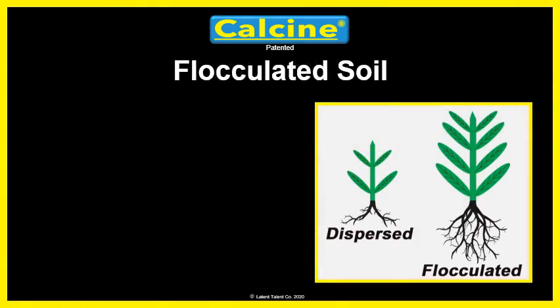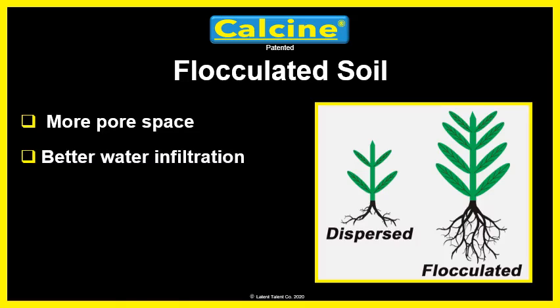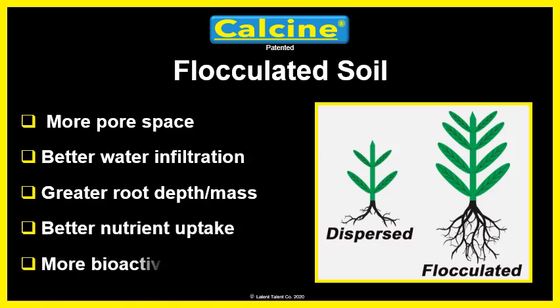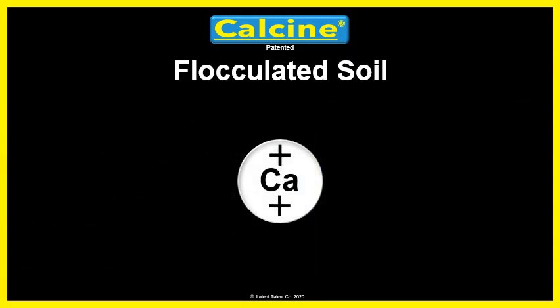The characteristics of a flocculated soil are more porosity, less compaction, better water infiltration, greater root depth and overall root mass, subsequent better nutrient uptake by the plant, and more bioactivity. With multiple charges, calcium ions do act to flocculate soil.